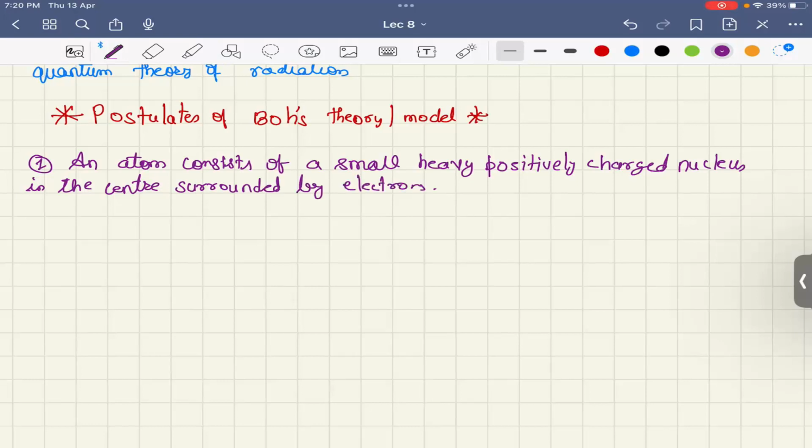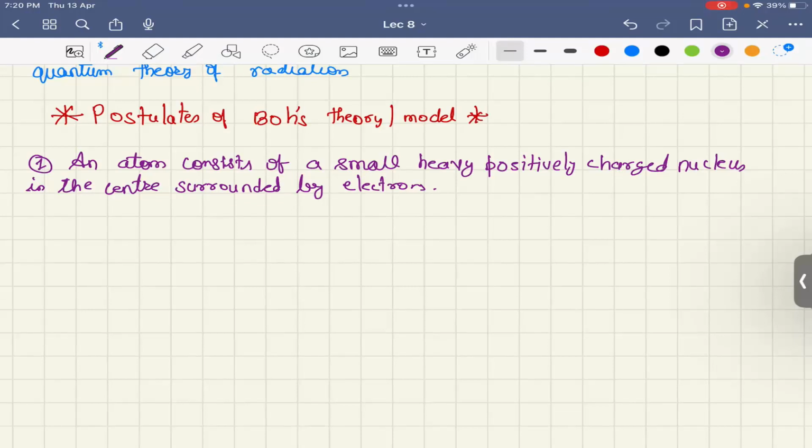And electrons in an atom revolve around the nucleus only in certain selected circular paths. So it's not that all electrons can occupy all the energy levels. There are energy levels, and an electron can go to a larger energy level only if there is sufficient energy.